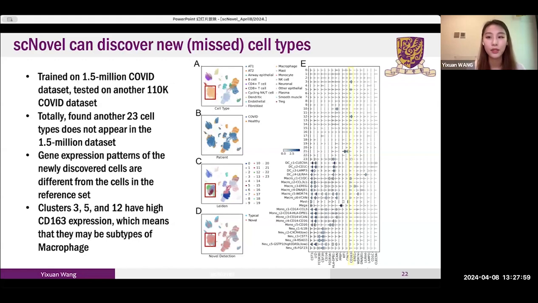From the clustering location in figures C and D, and the high expression level of CD163 in clusters 3, 5, and 12, we may think that they can be subtypes of macrophage.